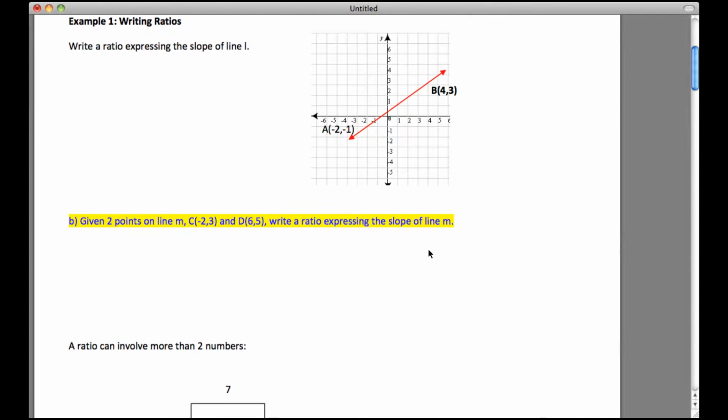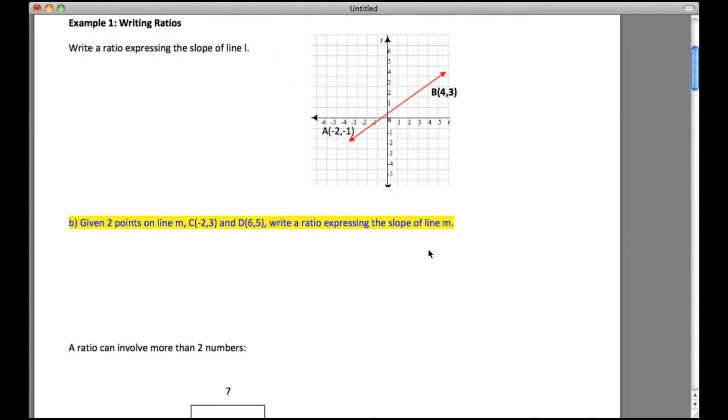Okay, so we're going to scroll down to example 1, and we are going to write a ratio expressing the slope of line L. This is line L. Well, we remember that slope is y2 minus y1 over x2 minus x1, or rise over run.